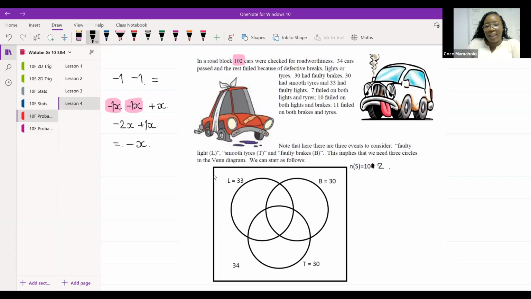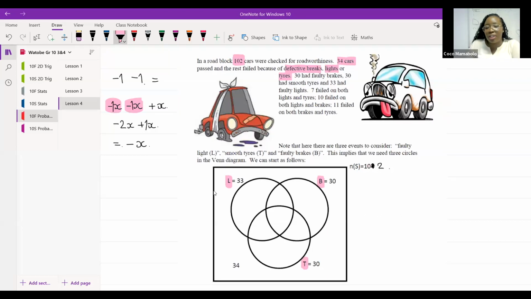All right, then it says 34 cars passed the test and the rest failed because of defective brakes. Defective brakes is one of them, lights is the other, and tires. So if you look at our Venn diagram, there's B for brakes, L for lights, and T for tires.